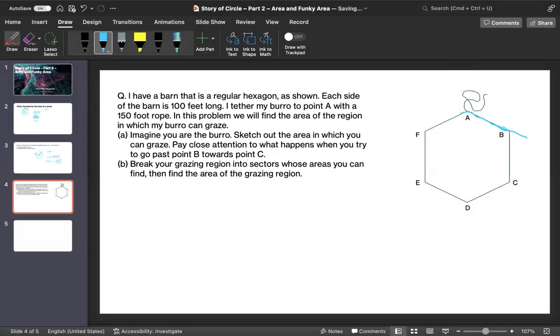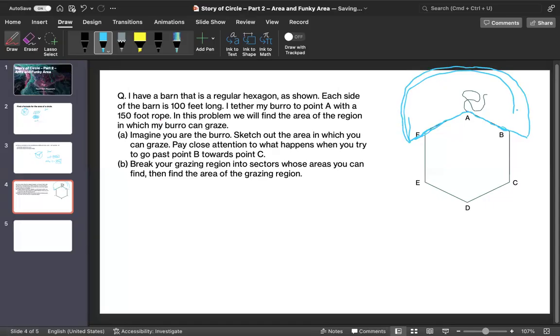Same thing happens with AF. It can only go this far. Agreed? And then we're going to make part of a circle. Sorry, I don't have much space, so I'll have to make some of it here.